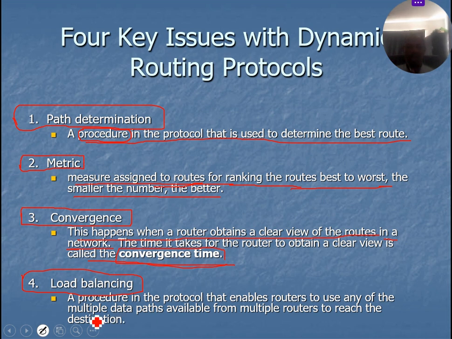It is a mechanism in the algorithm of the routing protocol that enables a router to choose from the multiple available paths to route information from source to destination. Okay, now let's move on.